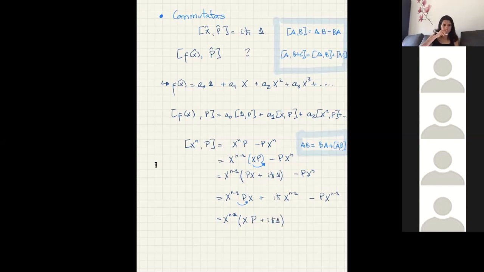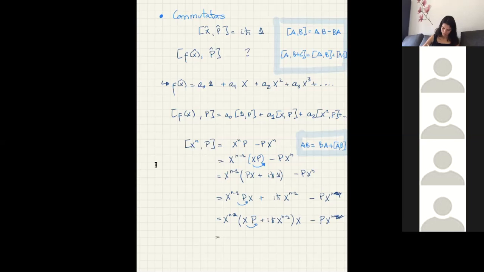Sorry, this is x to the n here and x to the n there. So I just rewrote the same thing again, and now we try to move this x there, and we're going to get exactly another term like this.